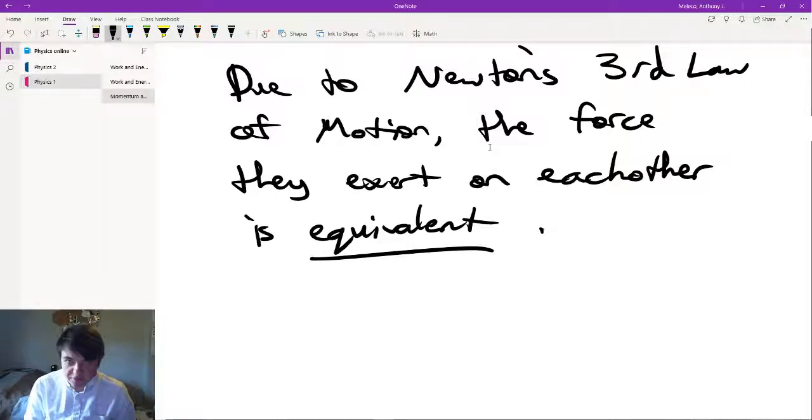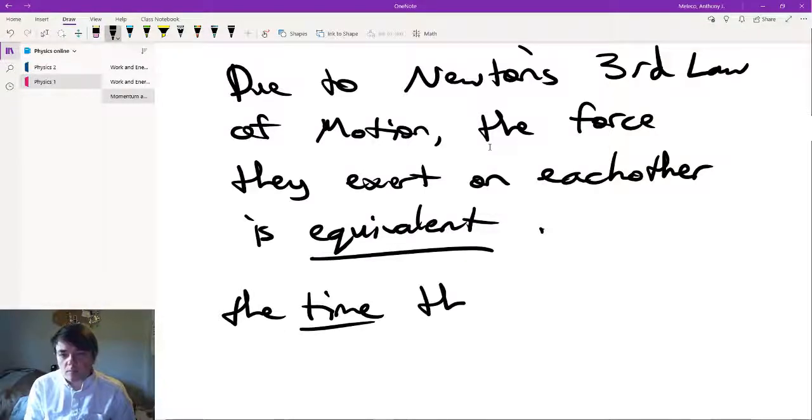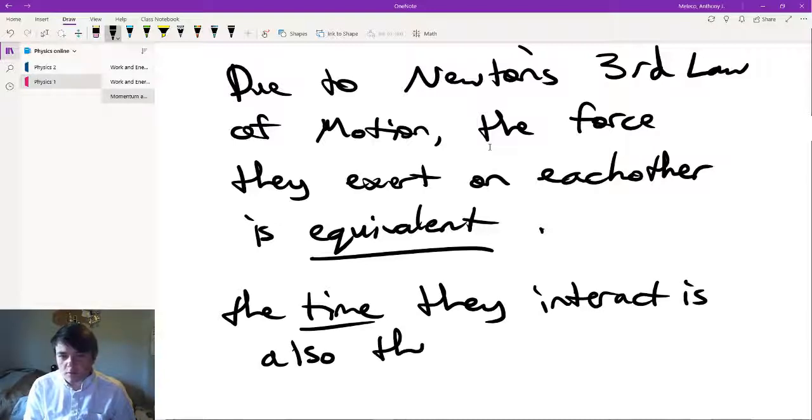And because it's a collision, the time that they interact is the same, right? It's not like the time changes for each object depending on the collision. So the time they interact is also the same.